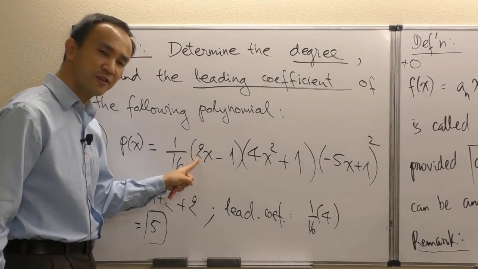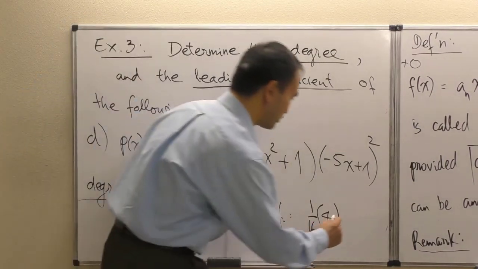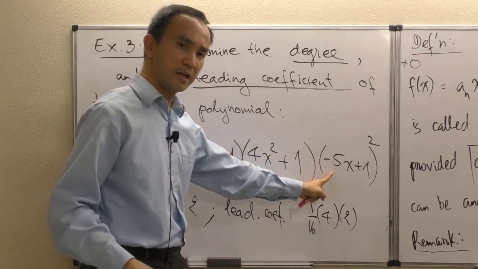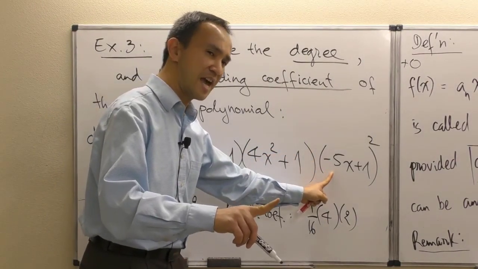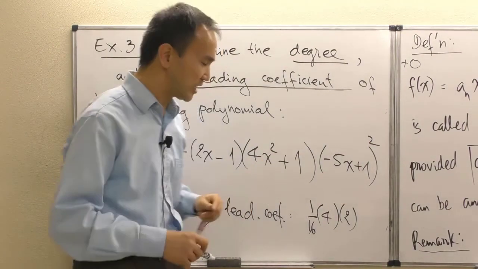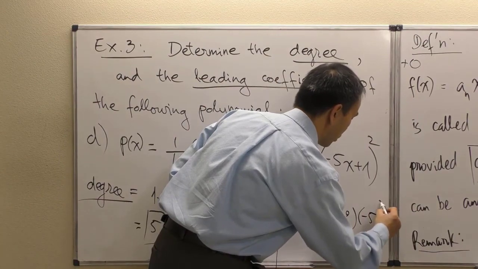The lead coefficient for that factor here is a 2, so let's multiply it in. And the final one has lead coefficient negative 5, but then it has a square, multiplicity 2. So really it's minus 5, but all squared.